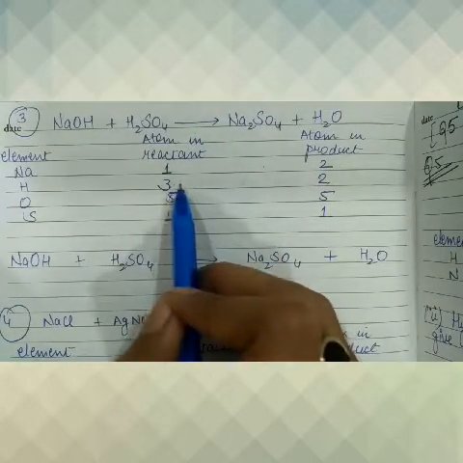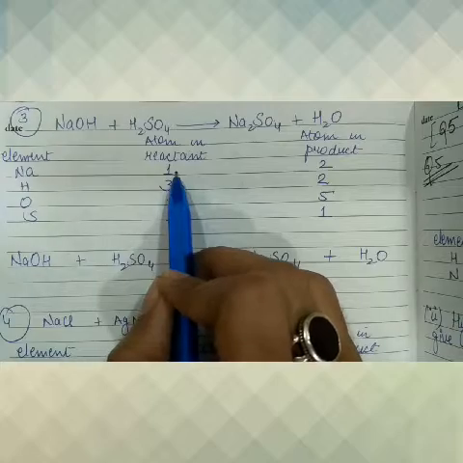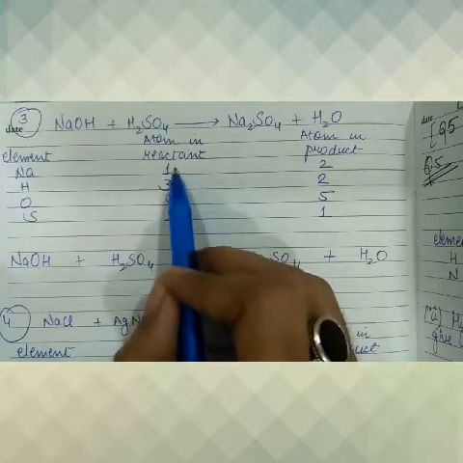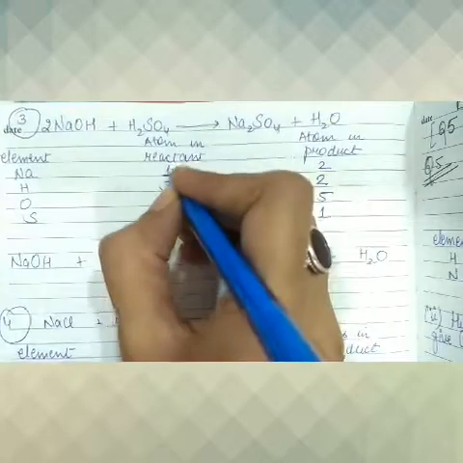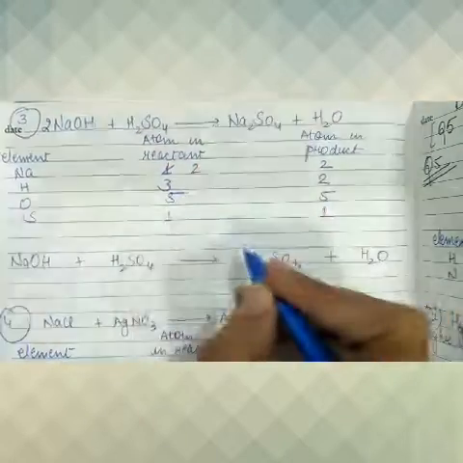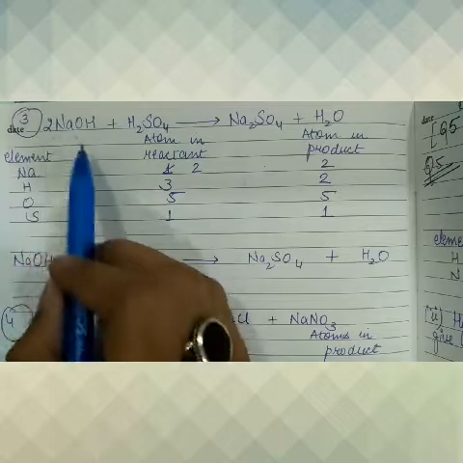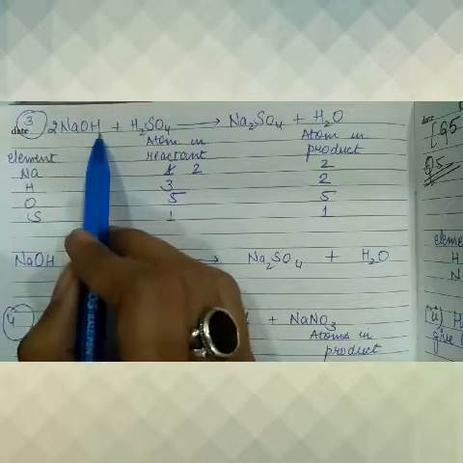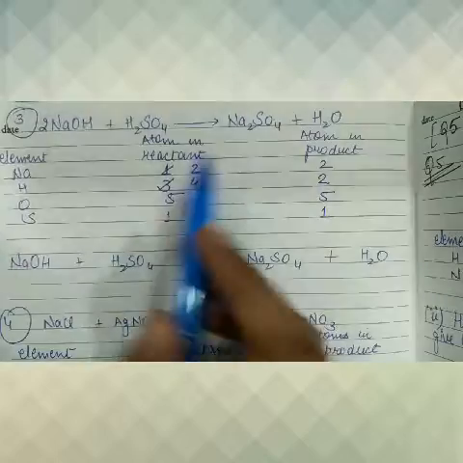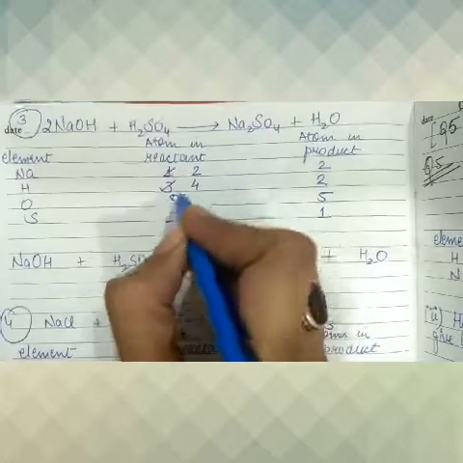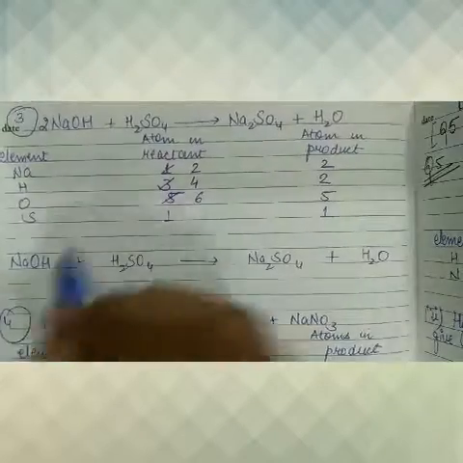So the most convenient here is to balance first the number of sodium atoms. Multiplying it by 2, we get 2 sodium atoms. Now the number of hydrogen atoms will change to 4 and the number of oxygen atoms will change to 6.